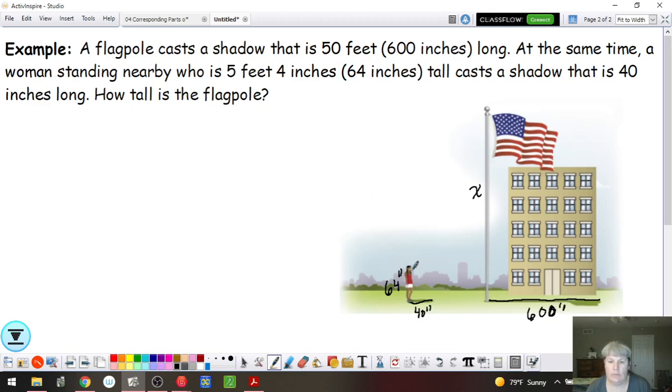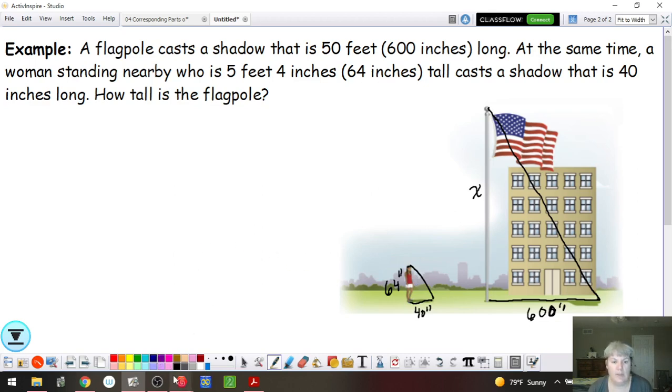So like I said, we don't have any triangles, but we can complete the triangle by drawing from the top of each object to the end of their shadows. And we can identify the corresponding parts of these triangles. The shadows would be corresponding, and the height of the individual to the height of the flagpole would be corresponding.